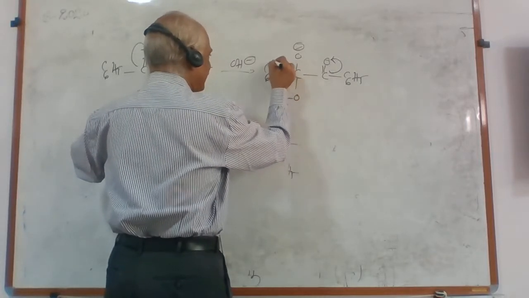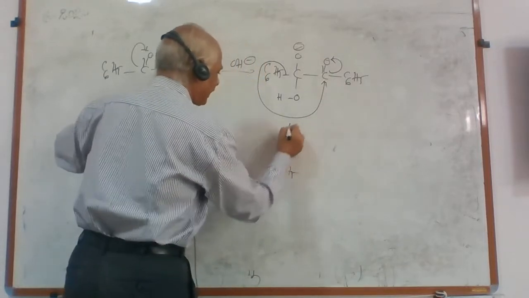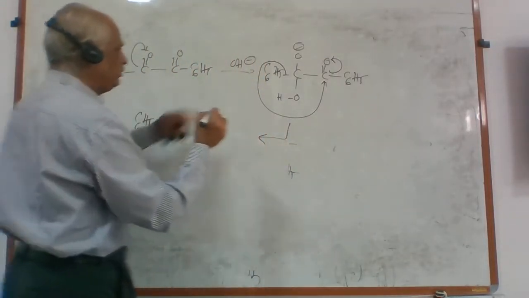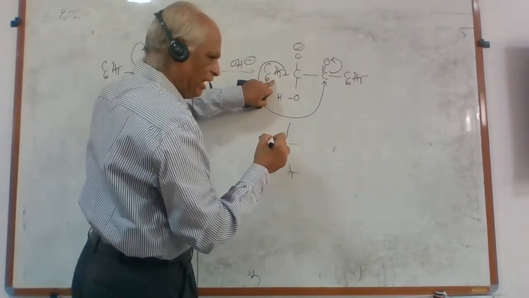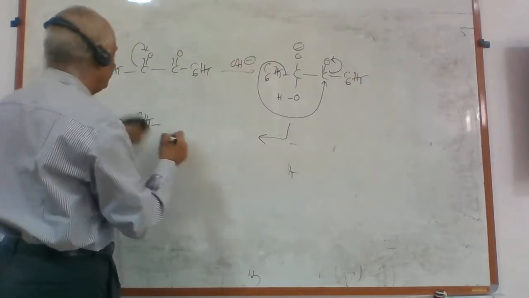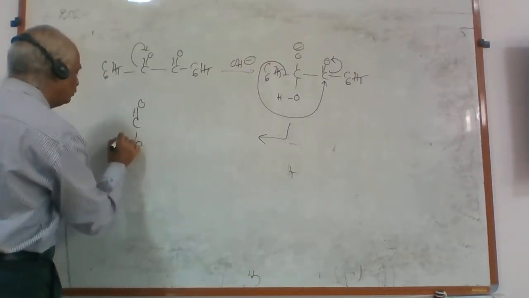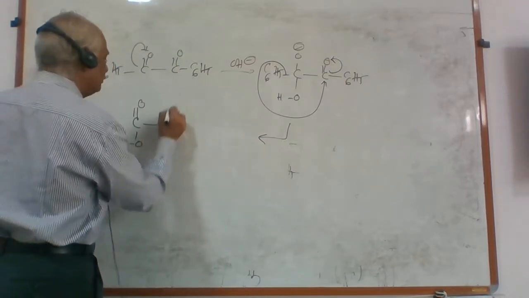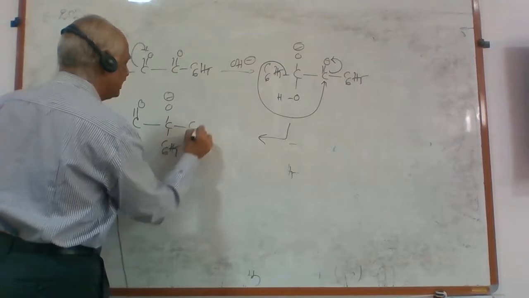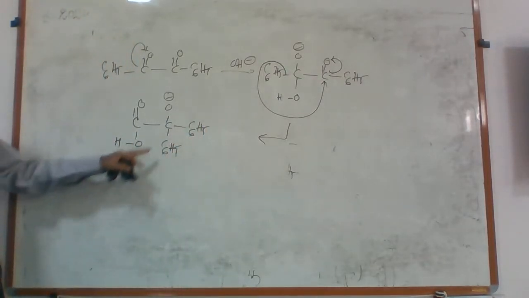Then this phenyl group migrates with its bonding electron pair. This electron pair is taken away by the phenyl group, therefore this carbon gets a positive charge. So you will get a double bond, C=O, OH group, single bond C-O minus, C6H5, C6H5. If you look at this structure, what happens?